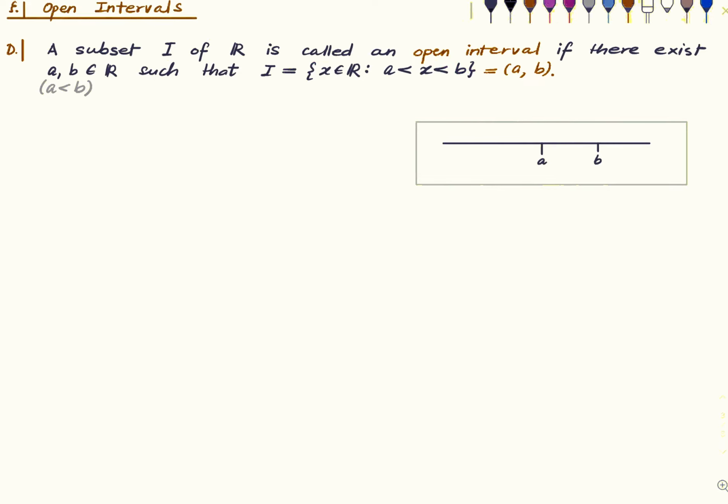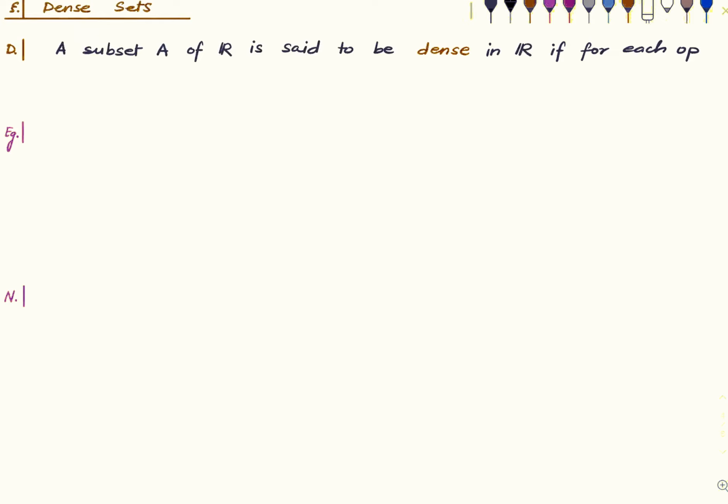Okay? Fine. So a subset A of R is said to be dense in R if for each open interval I of R, we have that the intersection of I with A is non-empty.